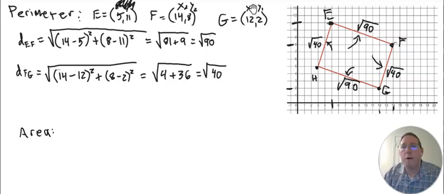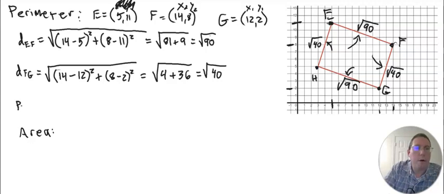And so now if we want the perimeter, we just need to add up the square root of 90 plus the square root of 40 plus the square root of 90 plus the square root of 40. And then we'll look at that in a calculator, okay?